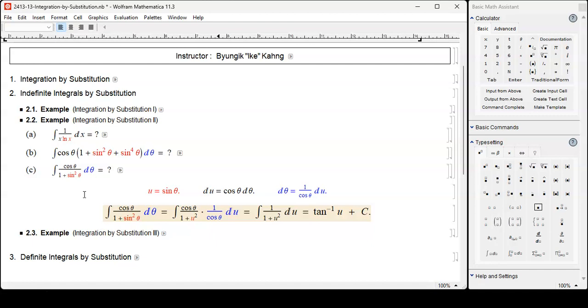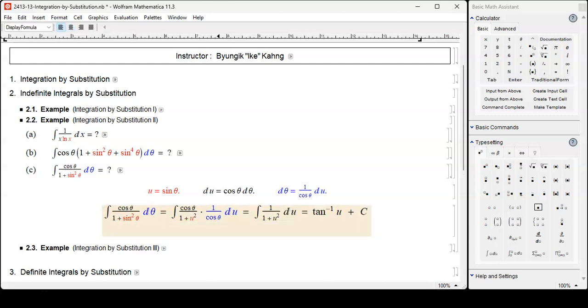Inverse sine, inverse cosine, inverse secant, inverse tangent, there are many. Among those, inverse tangent is the most important. Anyway, let's complete the problem. So it's inverse tangent of, what is u? u is sine of theta. That completes the problem. Inverse tangent of sine of theta plus C.